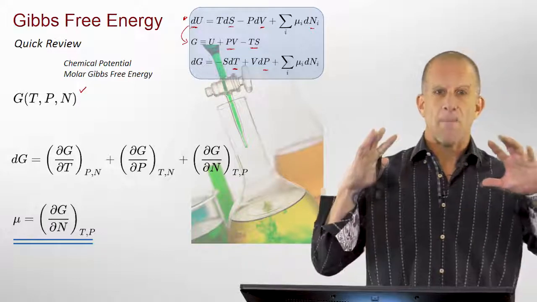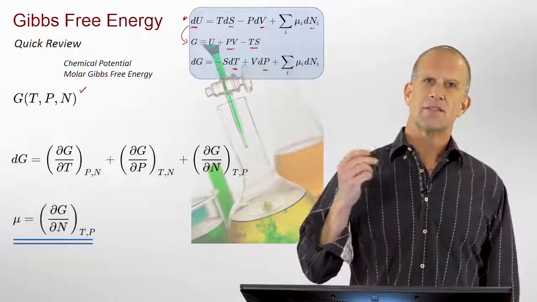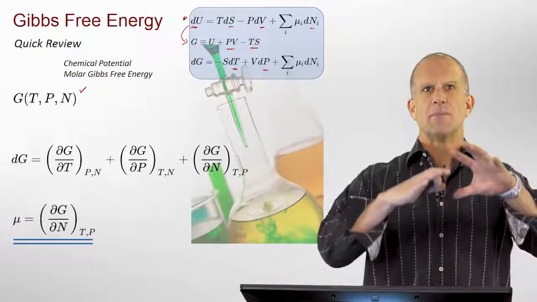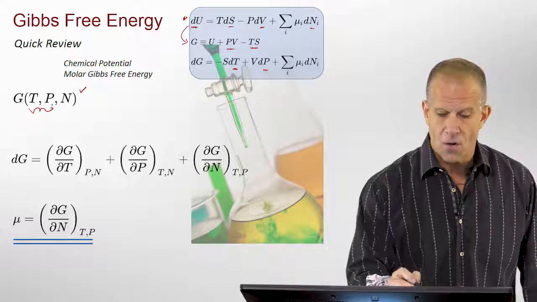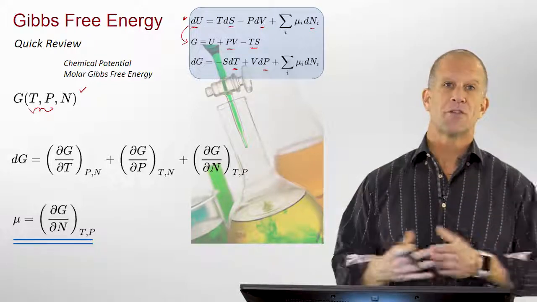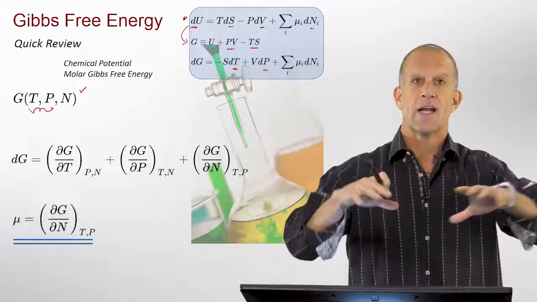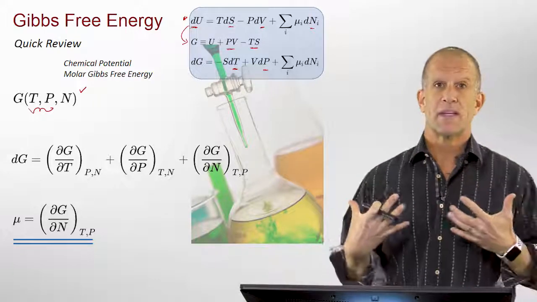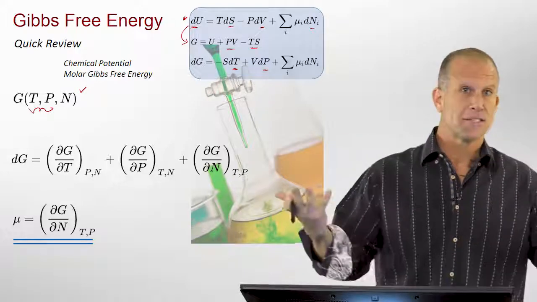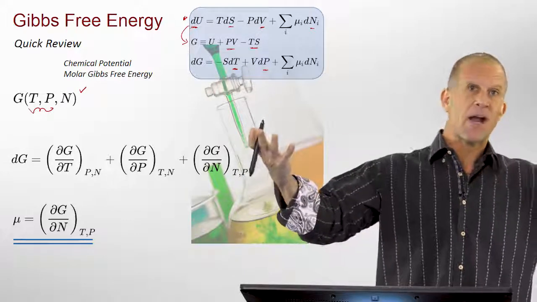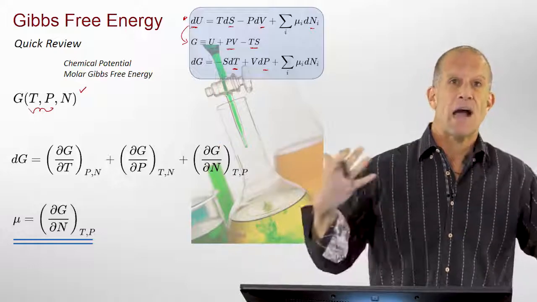And one of the reasons this is so critical is that a lot of times in biological systems or chemical systems, we'll often hold temperature and pressure constant and watch a reaction. We will do something medically at a fixed temperature, say 37 degrees Celsius body temperature, and a fixed pressure of roughly an atmosphere or so.